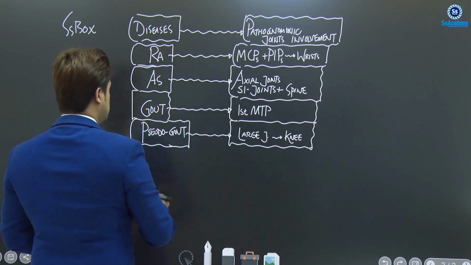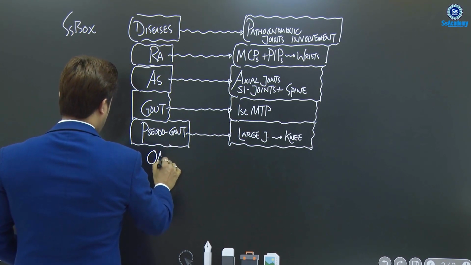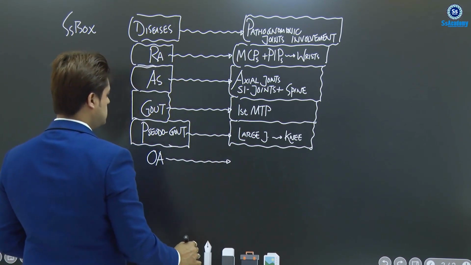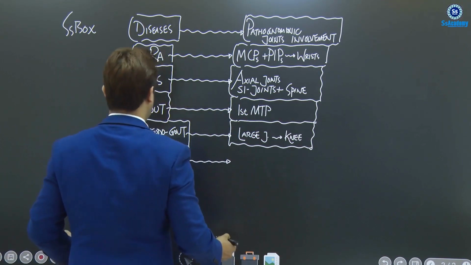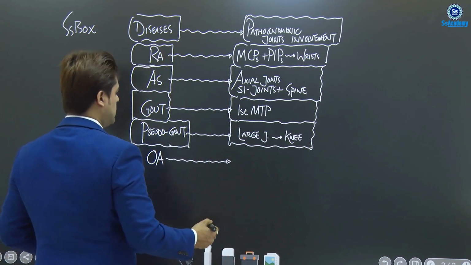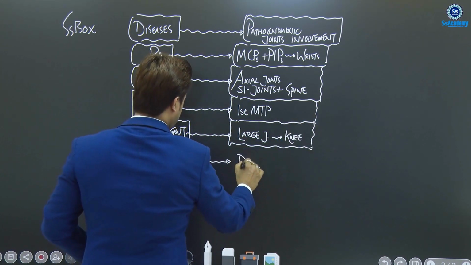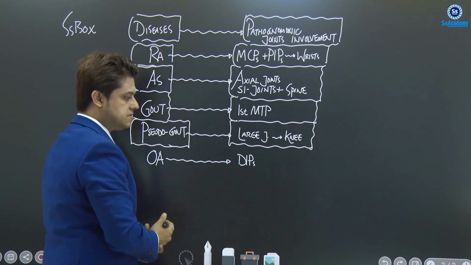Next, we can write down osteoarthritis, my dear. In osteoarthritis, many joints are involved, but the very important ones we need to know are the DIPs, the distal interphalangeal joints.